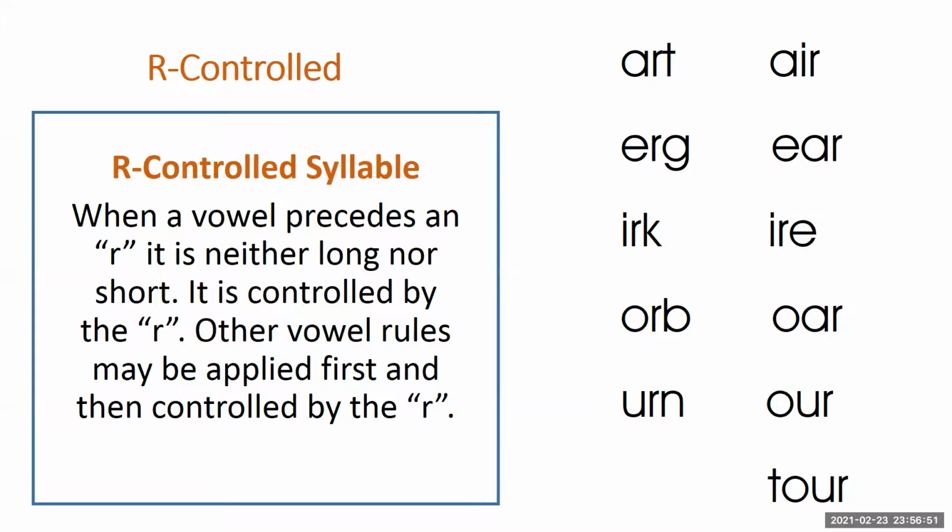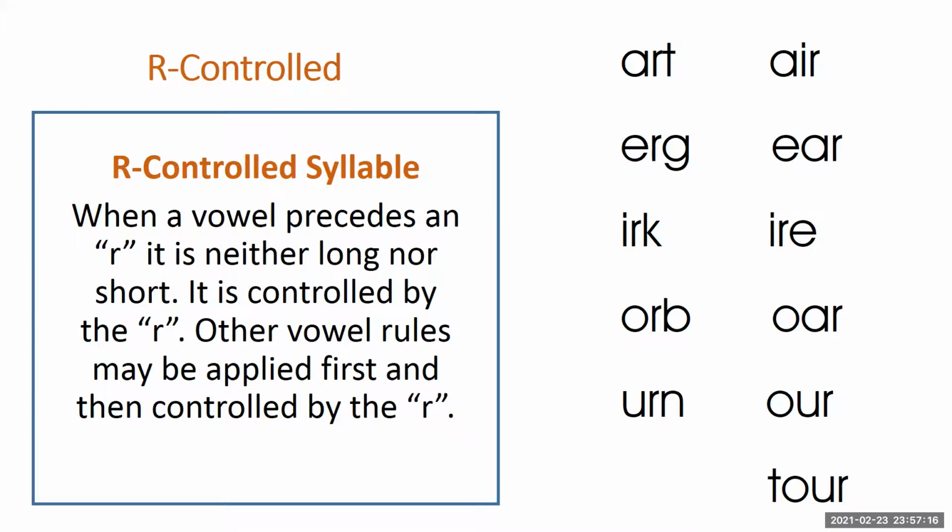R-controlled syllables. When a vowel precedes an R, it is neither long nor short. It is controlled by the R. Other vowel rules may be applied first and then controlled by the R. So we look at the words art, erg, irk, orb, and earn. The vowels are not heard.